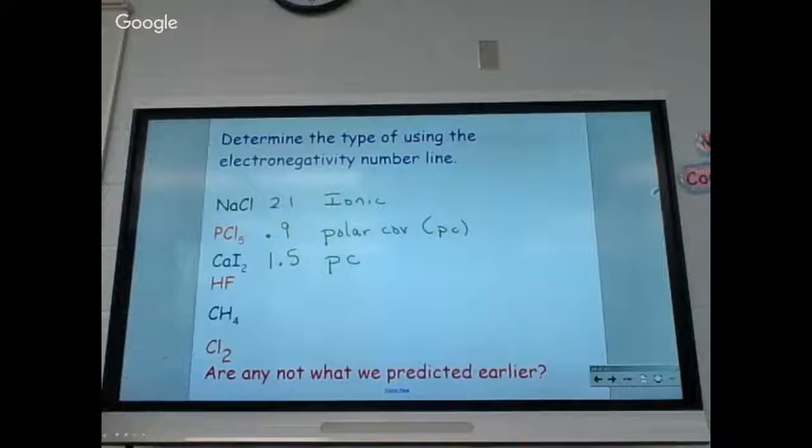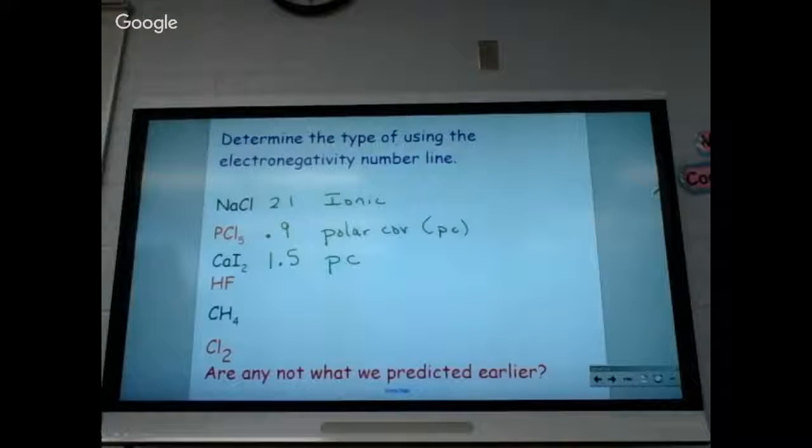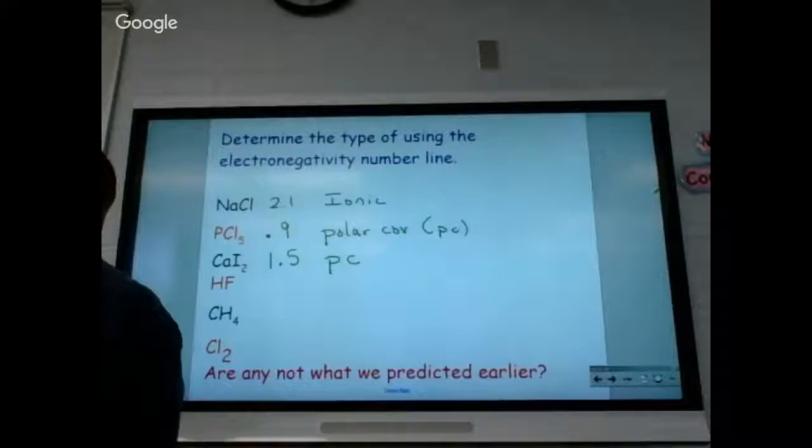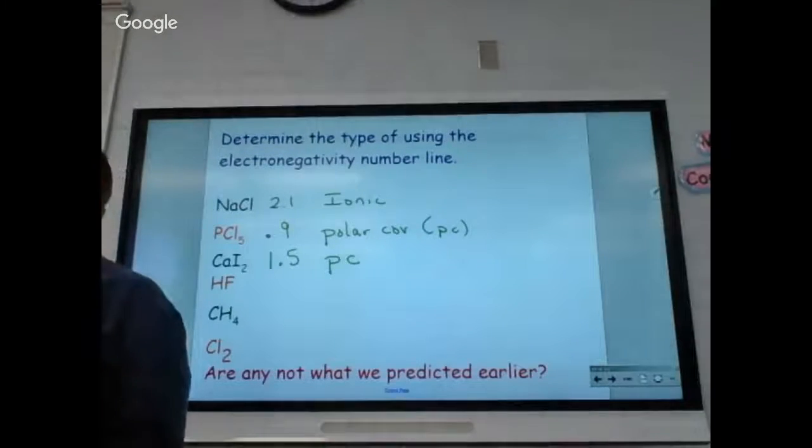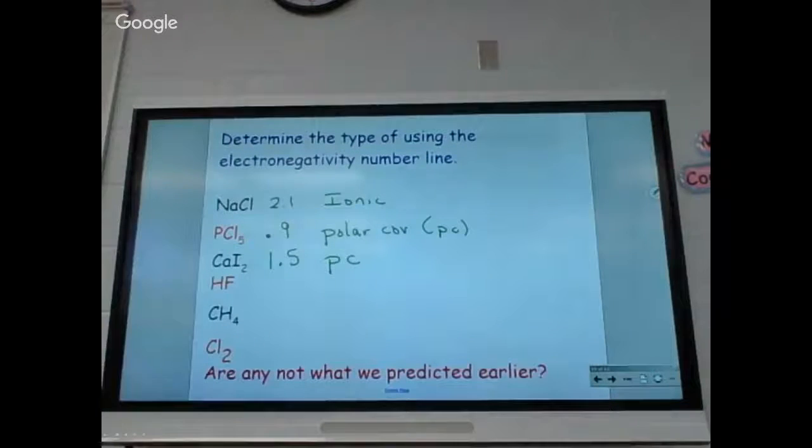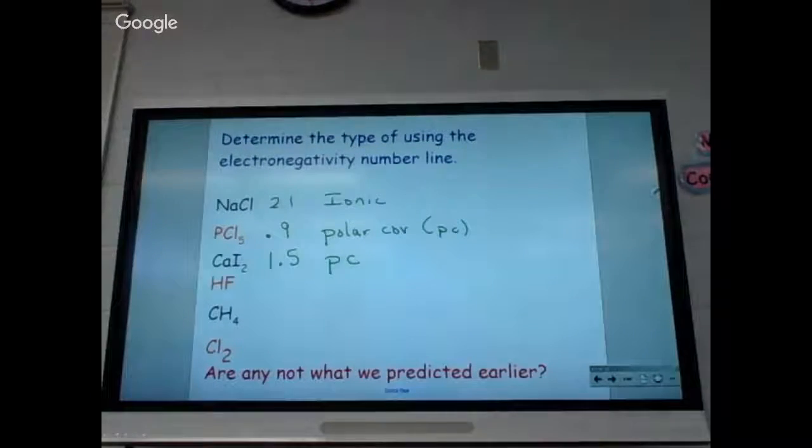Now, what did y'all predict that was the night before? You said it was ionic the night before. If you just look at the periodic table, that's a metal and a non-metal, so you would predict it is an ionic bond.